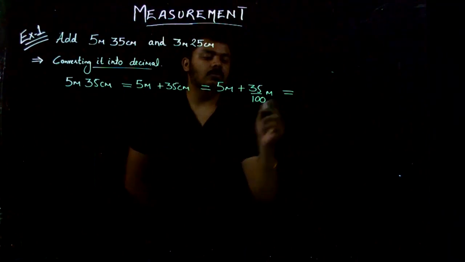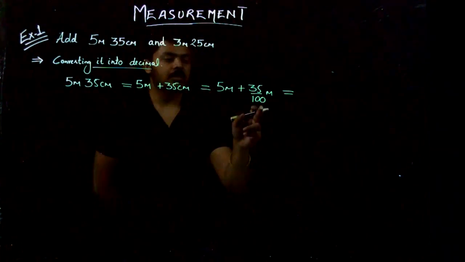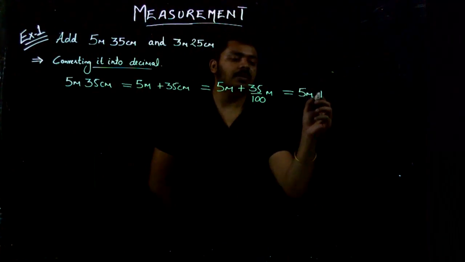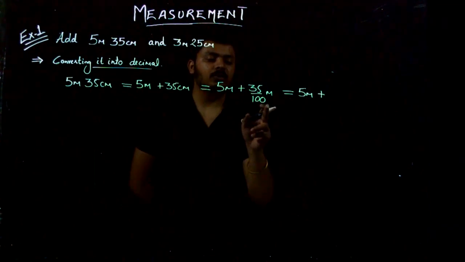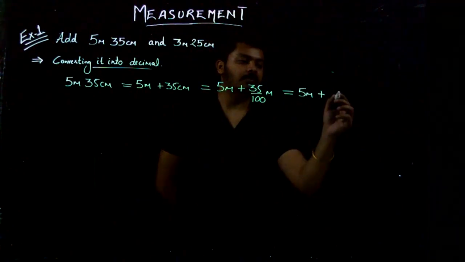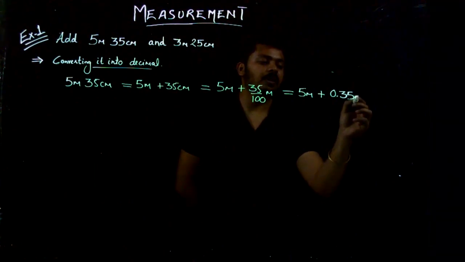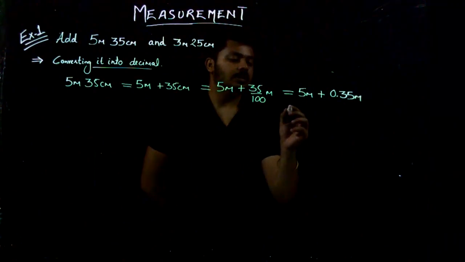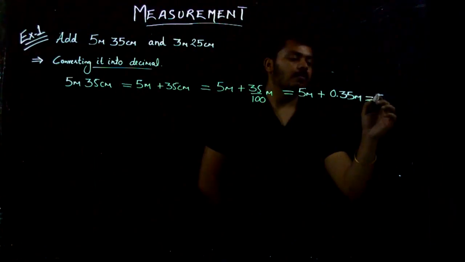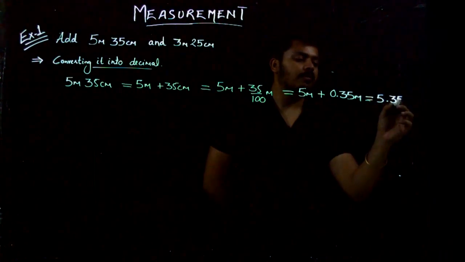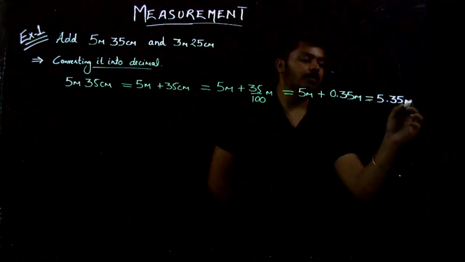So now when we divide by 100, its decimal form becomes 5 meter plus, since there are two zeros, place the decimal before two digits, that is 0.35 meter, which is equal to 5.35 meter.